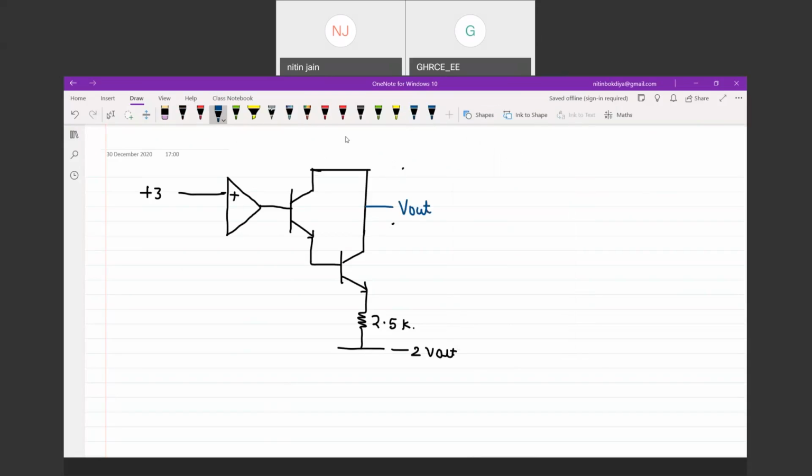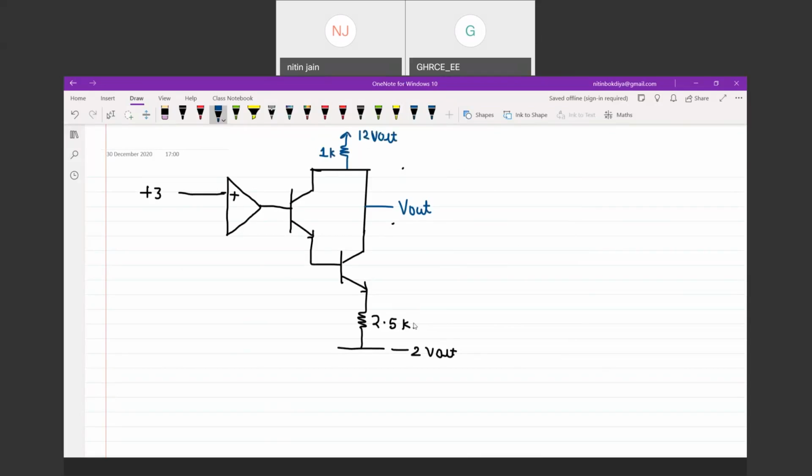And this is a 12 volt supply. And a resistance of 1 kilo ohm is connected to this.